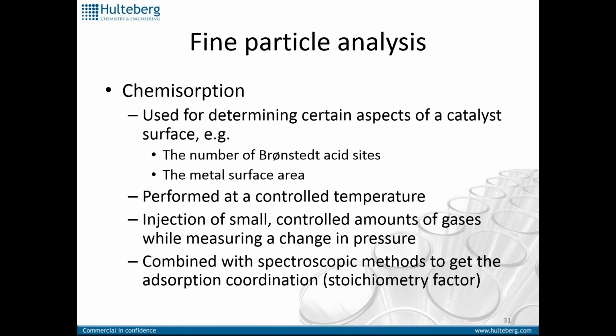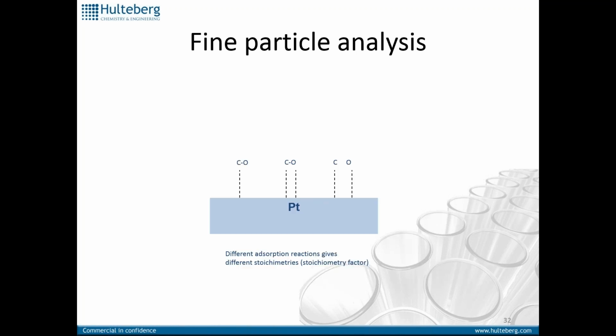One important factor, however, when we want to translate these results into, for instance, a surface area of a material, is how the probe molecule will adsorb on the surface, how it reacts. Is it adsorbing just on the C, on the carbon monoxide? Are there two bonds, or does it dissociate?